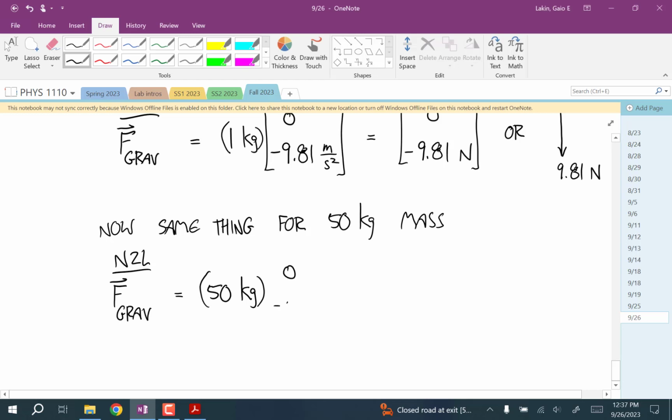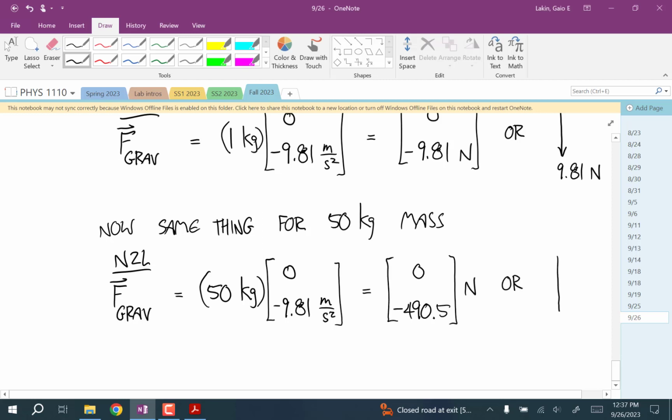So 0, negative 9.81 meters per second squared. Multiply those together and you get 0 for x and negative 490.5 for y, or in other words, a force of 490.5 newtons.